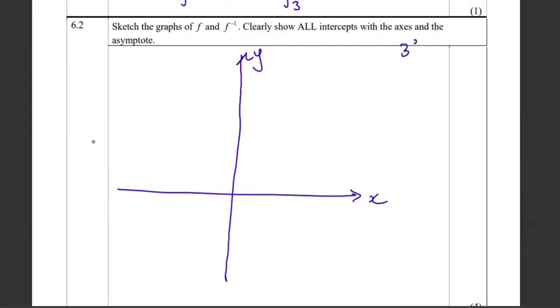So we have 3 to the x as our f. So if x is 0, we know that it will be at a 1. And then if x is a 1, then it's going to be at a 3. So meaning that our graph should be just in that sort of direction. Okay, so that is f.